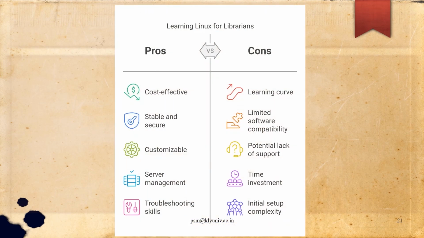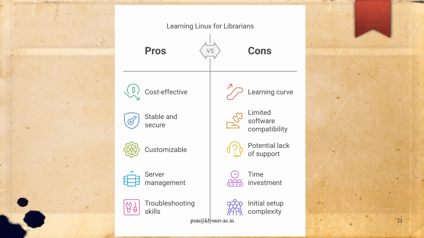And definitely everything is not rosy. When you are switching to a new operating system, mental block is one particular problem. So the pros are that it is customizable, free, troubleshooting is really fun, server management is easy, but there is also a steep learning curve. You have to learn a new operating system.